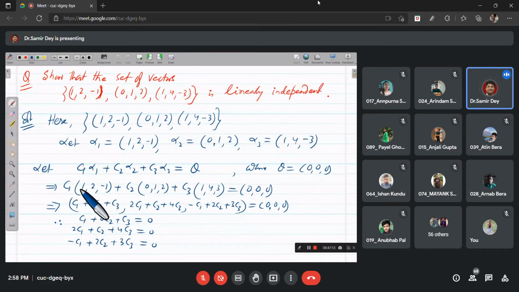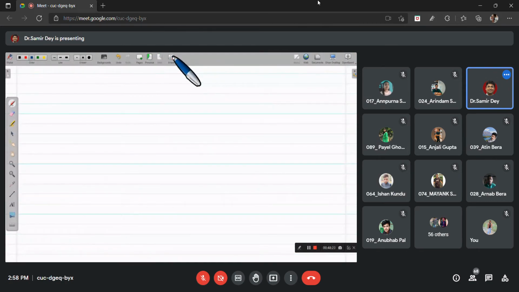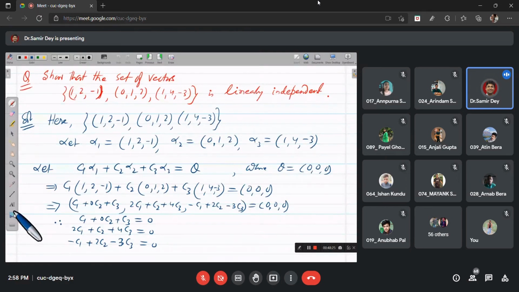C1, 1, 2, minus 1, 0, 1, 2, 1, 4. Oh, sorry, it should be minus. Okay, sorry. Minus 3 C3. Now ultimately it is coming.